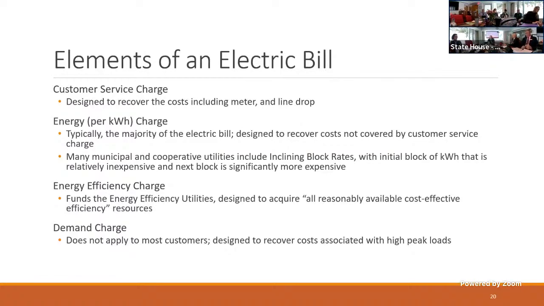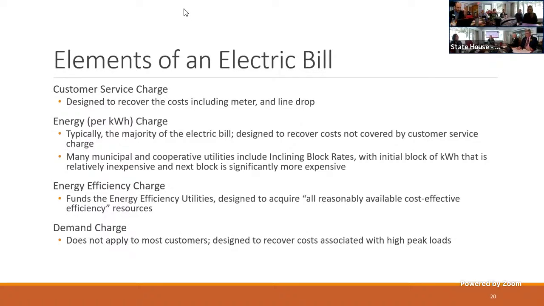There's a number of municipal and cooperative utilities that have different rate structures, with an initial block, your first 100 kilowatt hours that you use, that is relatively inexpensive, and then a next block that is more expensive. That's kind of the tail block rate. Some of those are developed as a way to allocate power from low-cost resources that have been designated to those utilities.